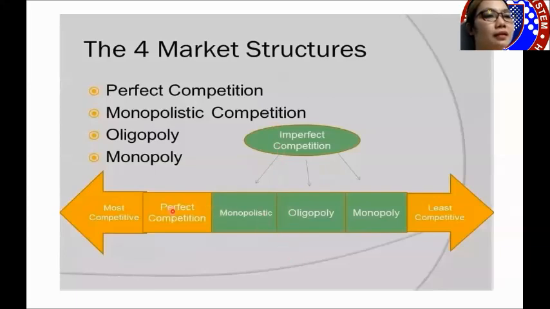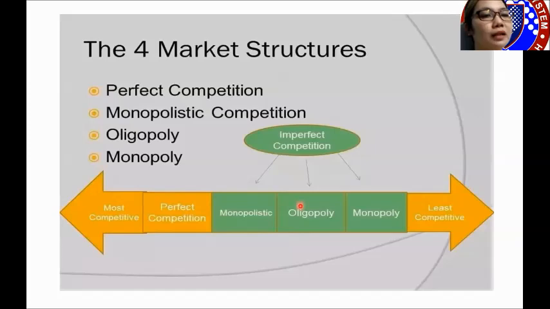Businesses that have many sellers producing or selling the same products are considered perfect competition because it is the most competitive, wherein the firms are considered price takers. So the buyer has a high level of purchasing power over the seller.